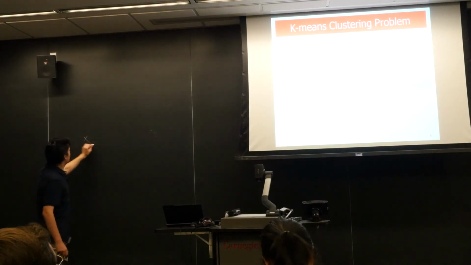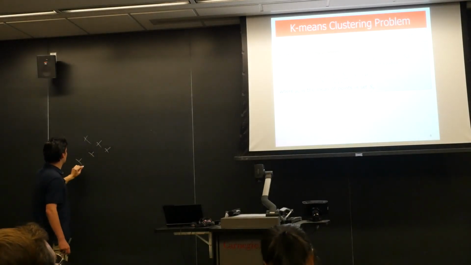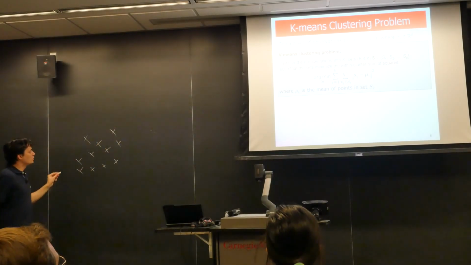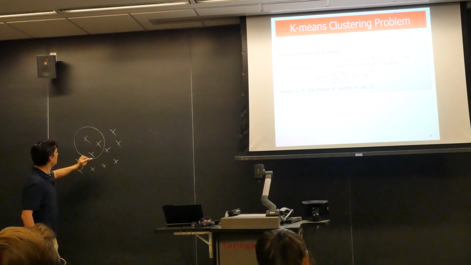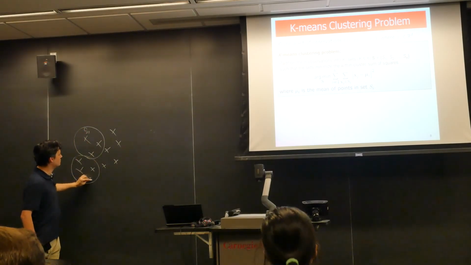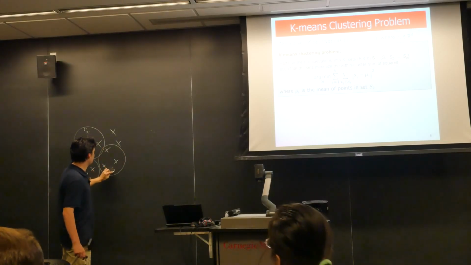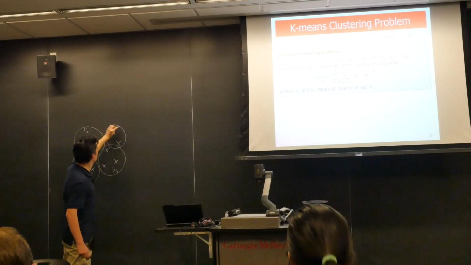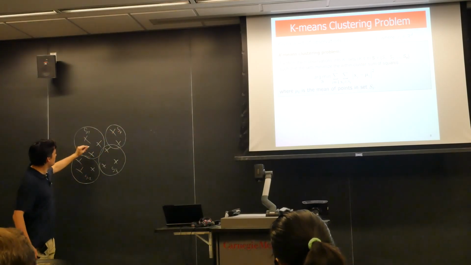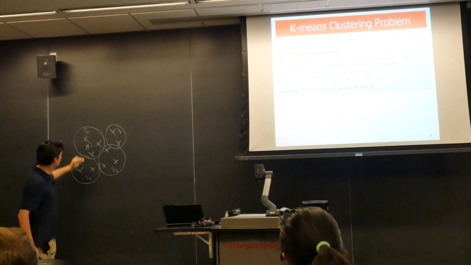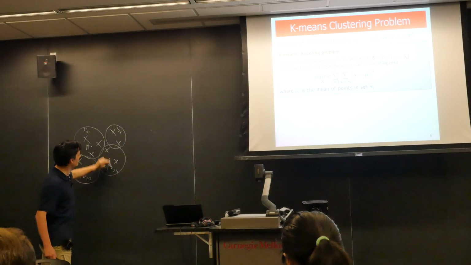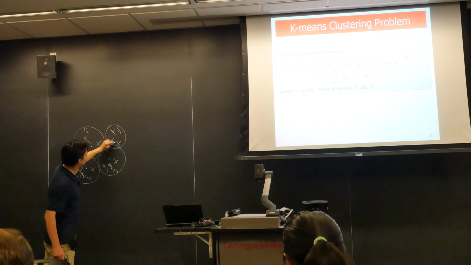So we have a bunch of points, feature vectors. We want to group them into sets. Say this is S1, say this is S2, S3, S4, such that each set will have a mean vector. So say this is mu1, this is mu2, this is mu3, and each set has a mean vector, mu4.